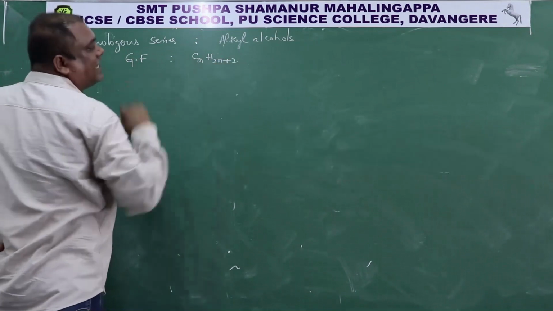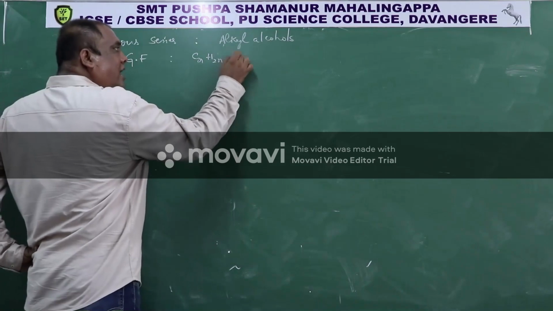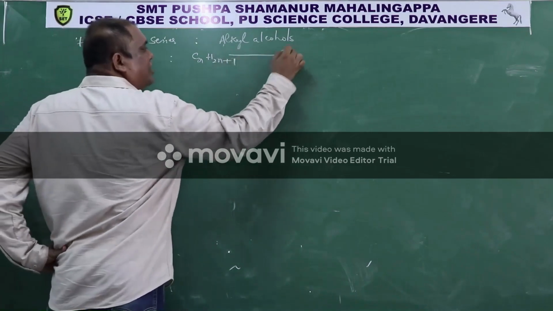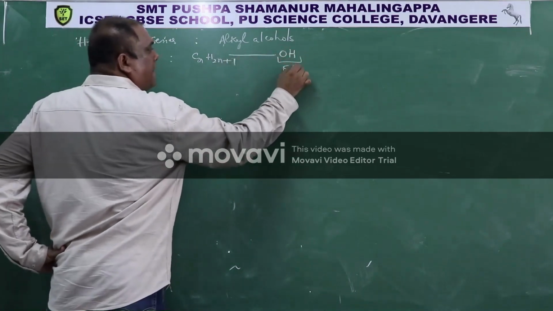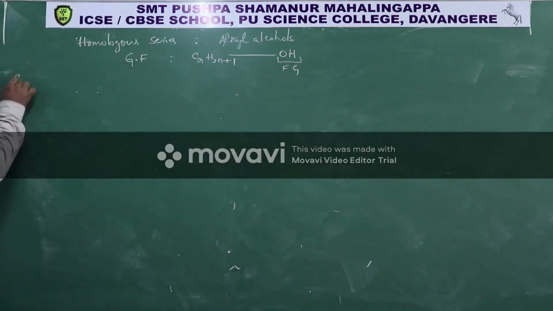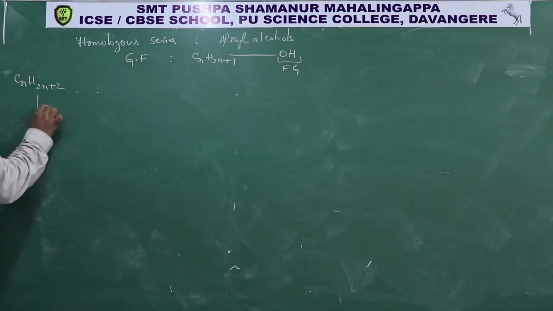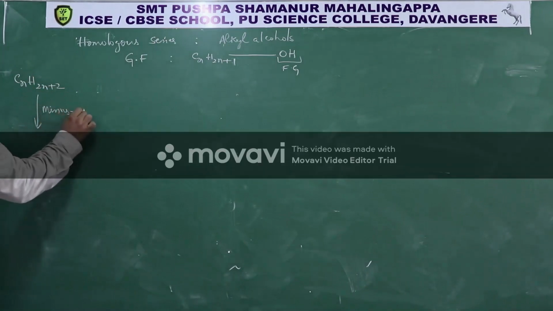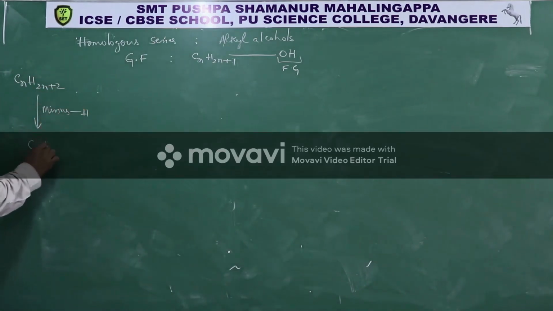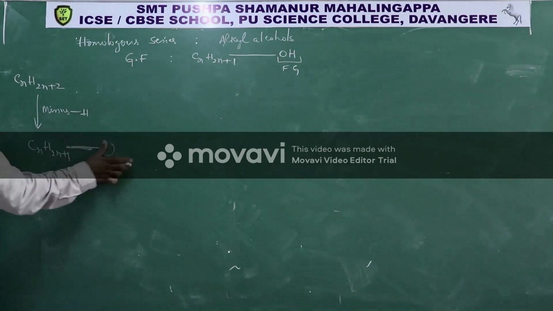CnH2n plus 2 is actually alkane, but in place of one hydrogen I have a functional group called OH. If I subtract one hydrogen atom from CnH2n plus 2, I have CnH2n plus 1, and one bond is hanging in the air, where the hydrogen was removed.